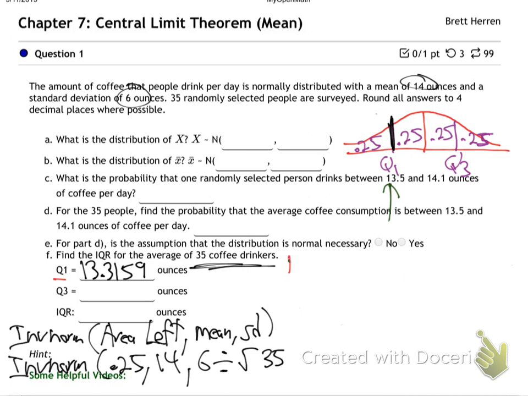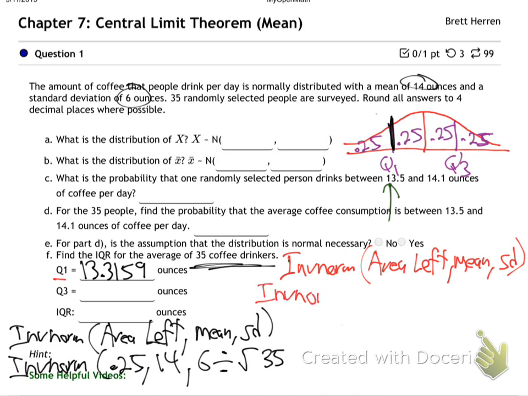So I'm going to come in here, inverse norm again, and I'm going to go area left, mean, standard. So for Q3, think of the end of the third quarter in the football game.